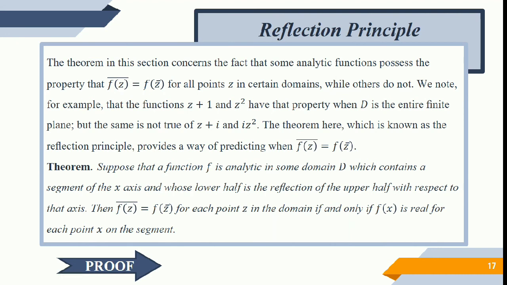We note, for example, that the functions z plus 1 and z squared have that property when D is the entire finite plane. But the same is not true of z plus i and i z squared. The theorem here, which is known as the reflection principle, provides a way of predicting when f(z) bar equals f(z bar).